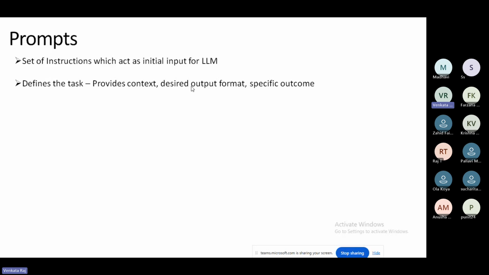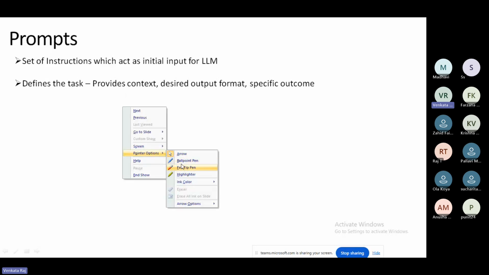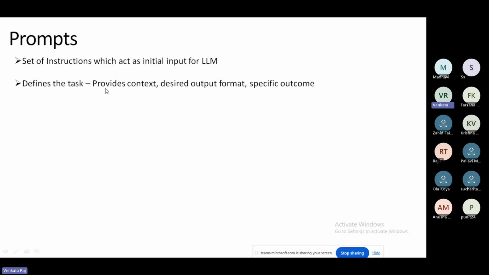Are you getting me? Similarly, whenever we ask the LLM a question or give it some task, if you provide the context, and if you provide the output format in which you desire to see the output, because you can have the output in different formats, then the LLM will give you the output in that particular format.